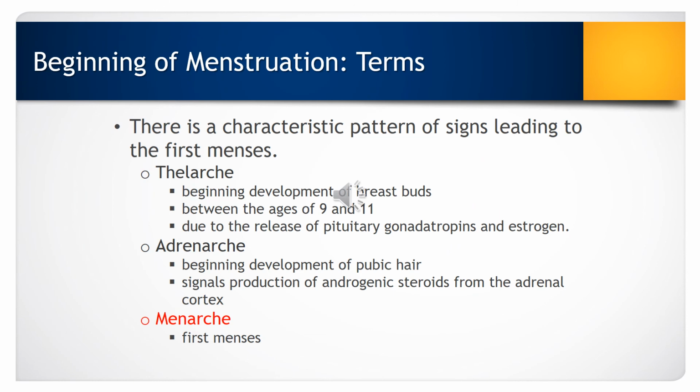I'm not going to spend a whole lot of time talking about the various characteristics that lead up to the first menses, because you get that in pediatrics when you start talking about puberty. But what I do want you to know is that the menarche is what we call the first menses. So a young woman's first period is called a menarche.